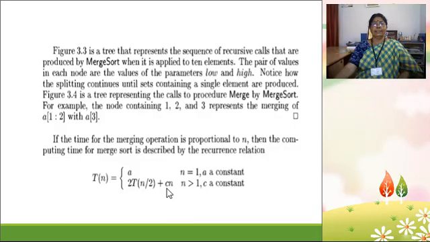is the time taken for merging the solutions. So 2 into T of n by 2 gives you the time complexity for dividing each array into subarrays, and Cn is the time taken for merging the solutions.